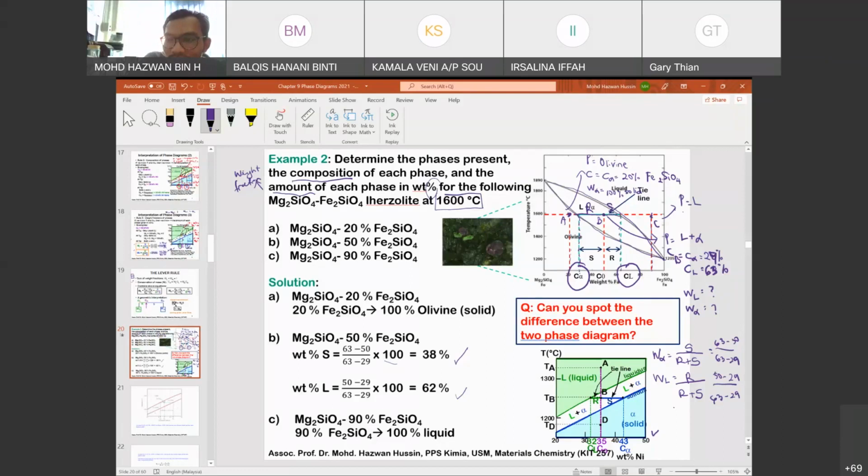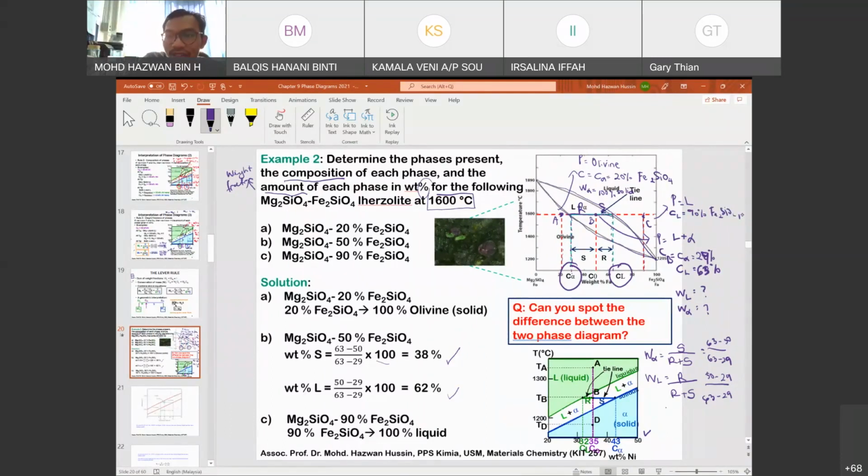Okay. So it's going to be C what? C liquid. 90%. Cl, because it is at the liquid. So over here, if it is 100% of solid, then it will be C alpha. Over here, Cl, then it will be 90% of iron silicate.